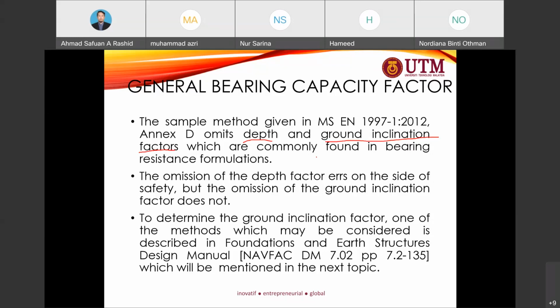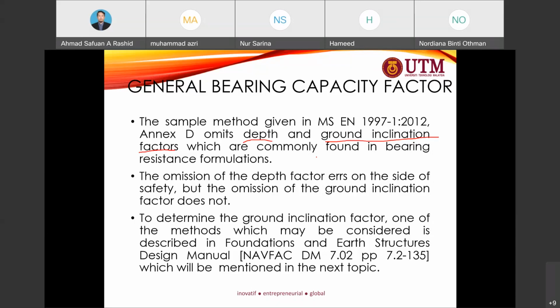The omission of the depth factor is on the side of safety, but the omission of the ground inclination factor is not. To determine the ground inclination factor, one method which may be considered is described in the foundation and earth structure design manual, which will be mentioned in the next topic.